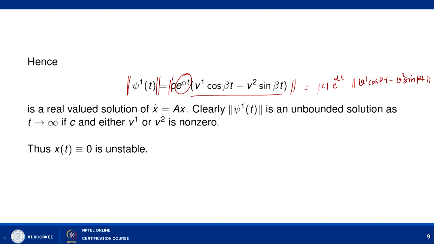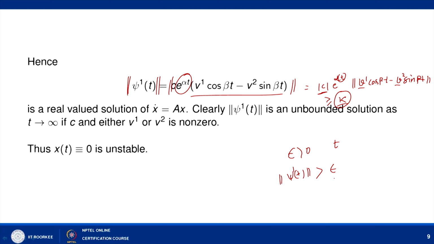And here, if c and either one of V1 and V2 are non-zero, then corresponding to any constant I can find a t large enough such that this quantity is bigger than the given constant k. So it means that for any epsilon greater than 0, I can find a t suitably large such that the norm of psi 1 t is bigger than this epsilon.